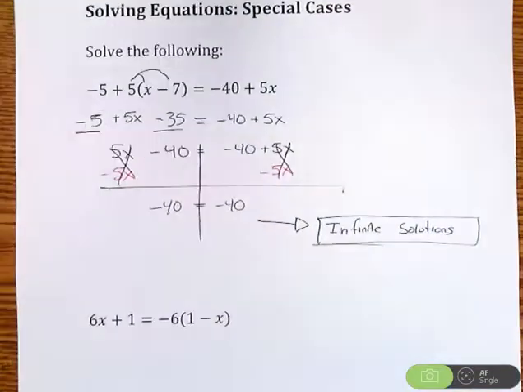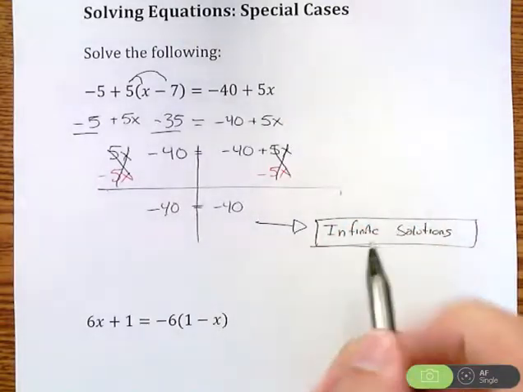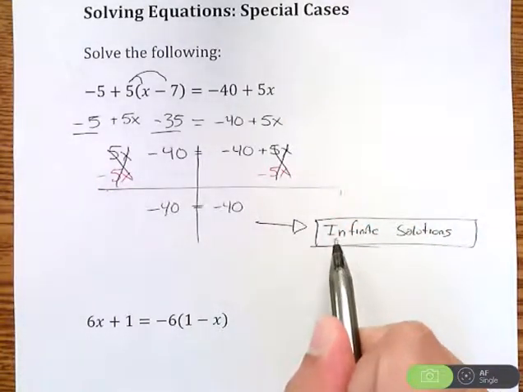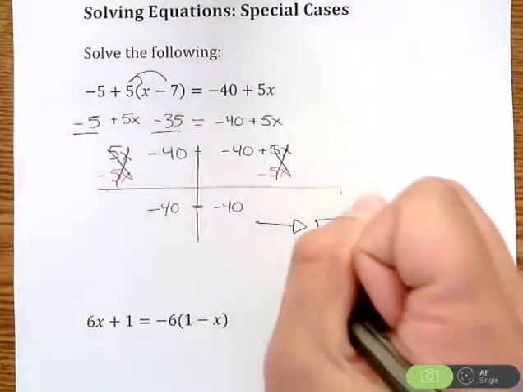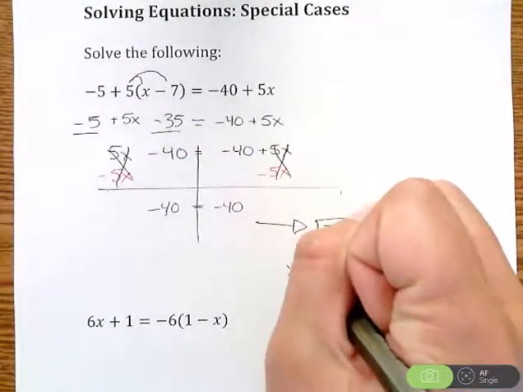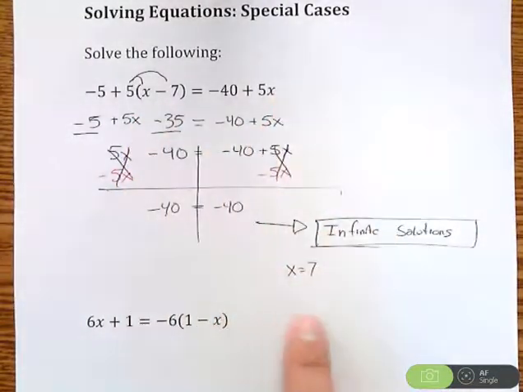A little bit more on what that means: say I wanted to go back and check my answer. Infinite solutions means any number you can think of will be a solution to this problem. If I use x equals 7 and plug it in on both sides, it's going to work.